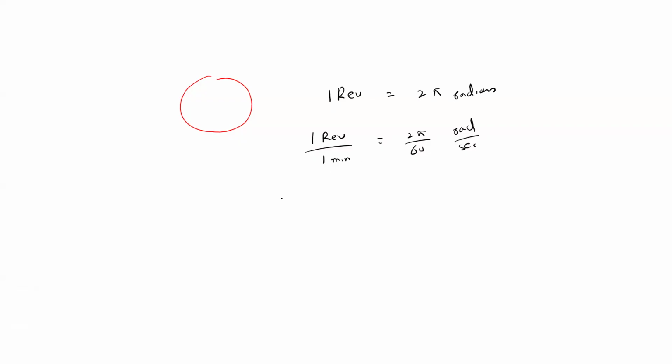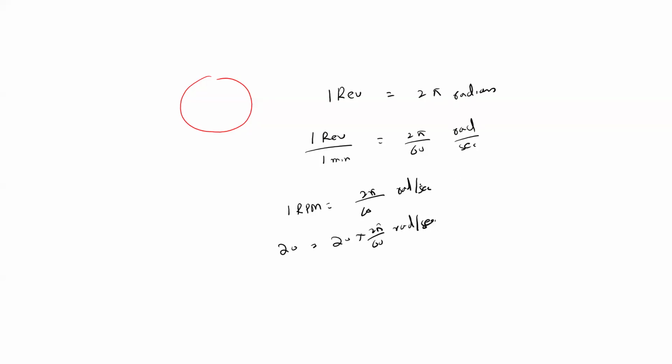So dividing by the 60 seconds, 1 minute, is the same thing. 1 RPM is equal to 2 pi divided by 60 radians per second. So 20 RPM will be equal to 20 into 2 pi divided by 60 radians per second.